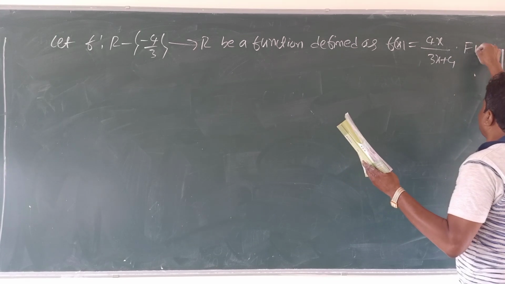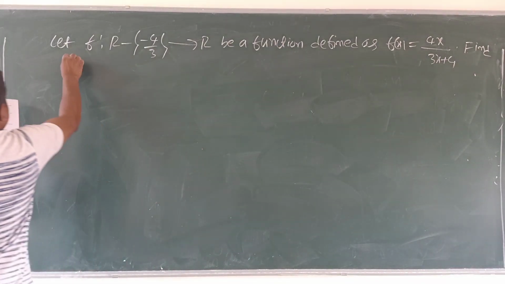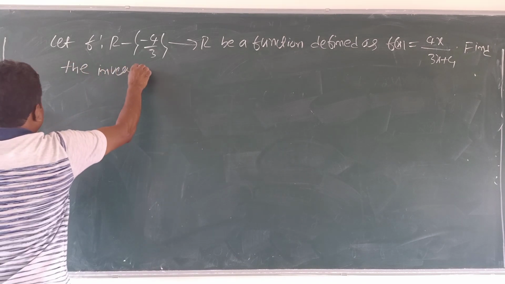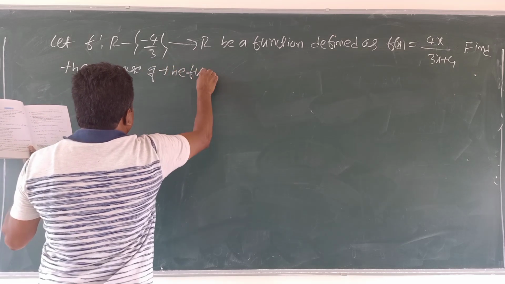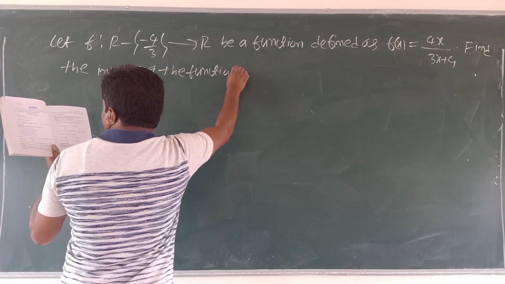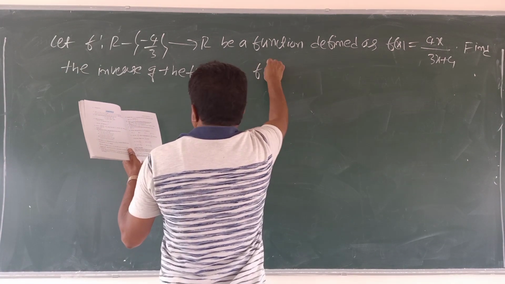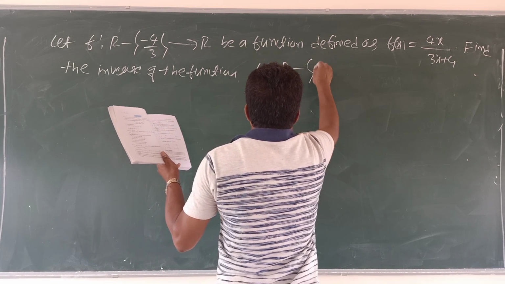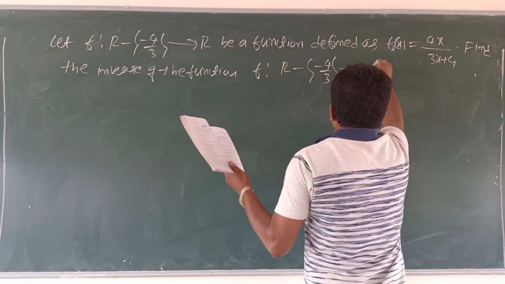Find the inverse of the function. Find the inverse of the function f from R minus {-4/3} to the range of f.